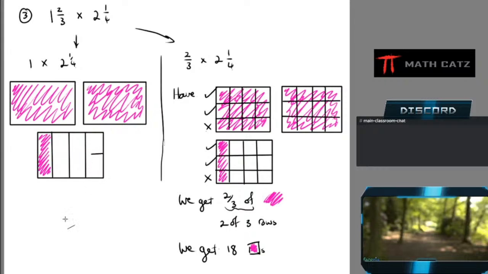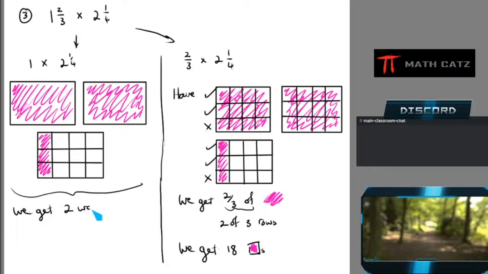Oops, no, it was thirds, right? Alrighty. So now here, let's separate this nicely. Here we get 2 wholes. Oh, come on. 2 whole rectangles and another 3 pink pieces.